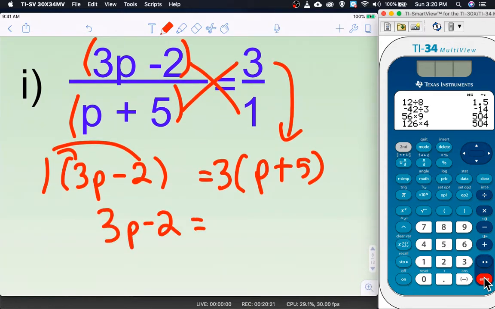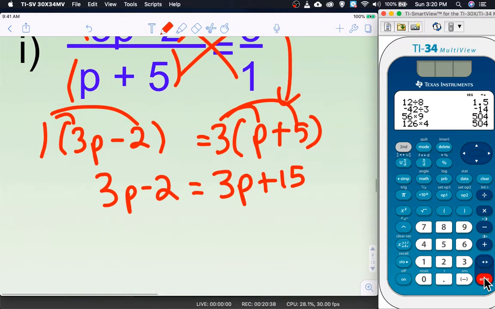That's like a whole property of math. It's called the identity property of multiplication. If you take anything times 1, you get the same thing back. But on the right-hand side, when I multiply by 3, I do get 3p plus 15.